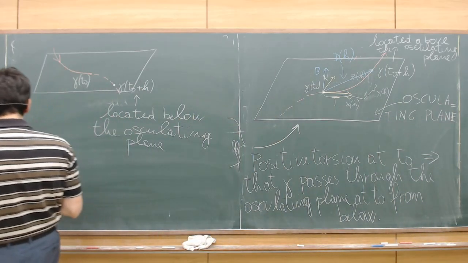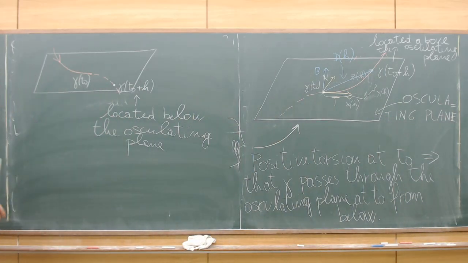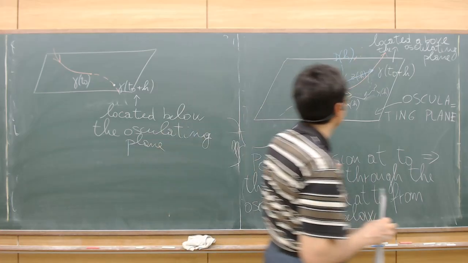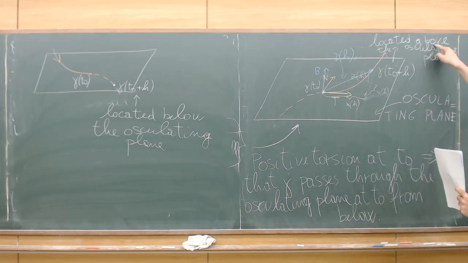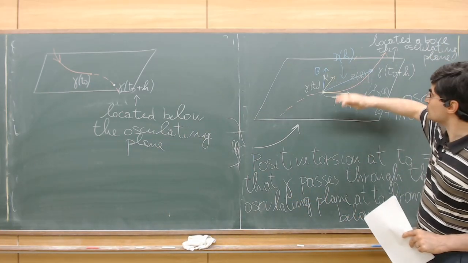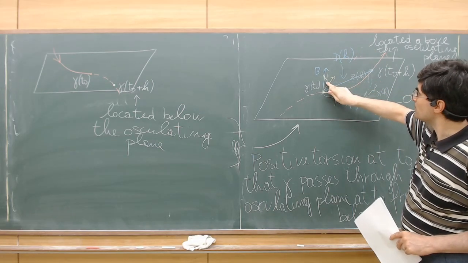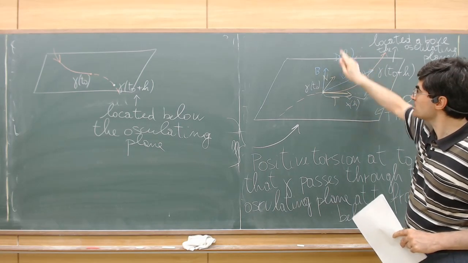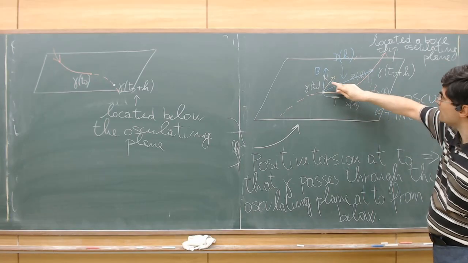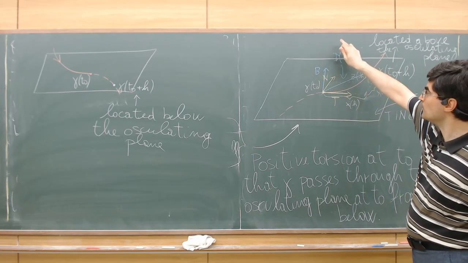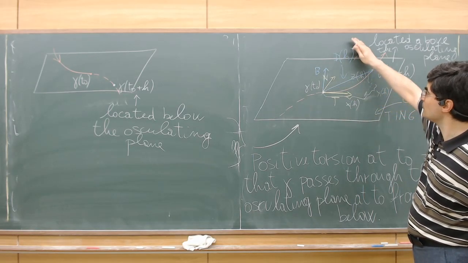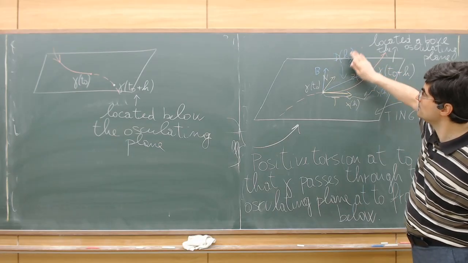Of course, please remember that above means the region of the space toward which the vector B points. So here B points upward, so this means that the above region of the plane is this one.